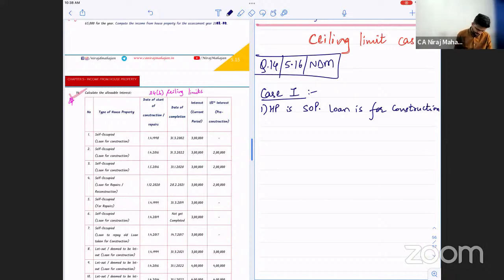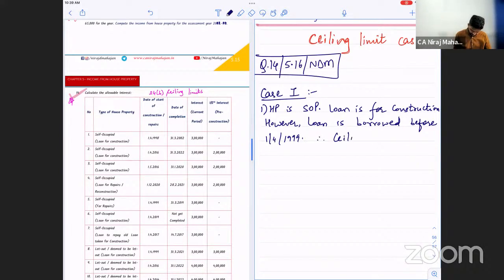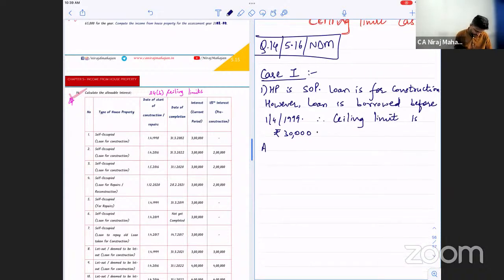However, loan is borrowed before 1/4/1999. Therefore, ceiling limit is rupees 30,000. Full stop. Actual interest accrued is how much? 3 lakh rupees.